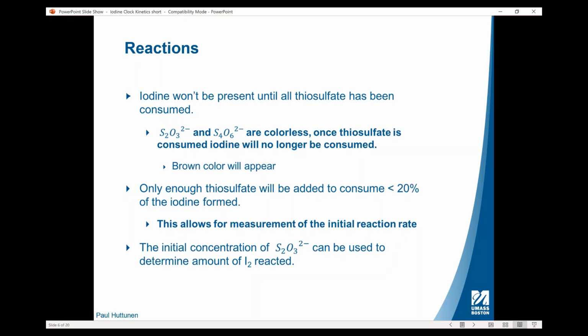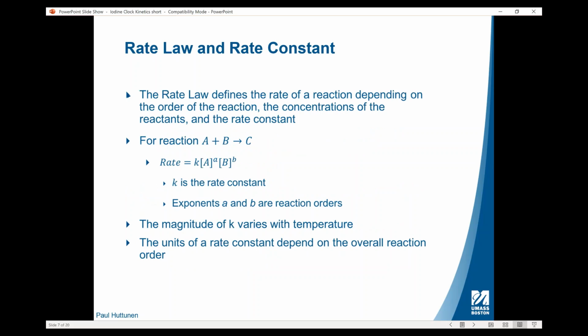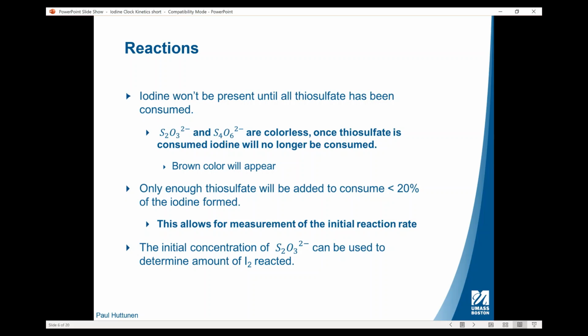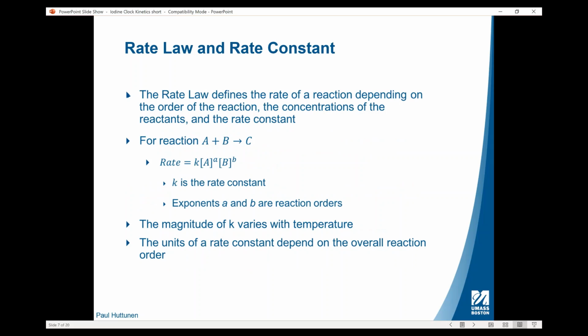So the thiosulfate is a way for us to know exactly how much has been consumed at a certain time. If we did not have that third molecule, that measure, there would be no way to know how much hydrogen peroxide and iodide had been consumed. So that is why we have the thiosulfate.